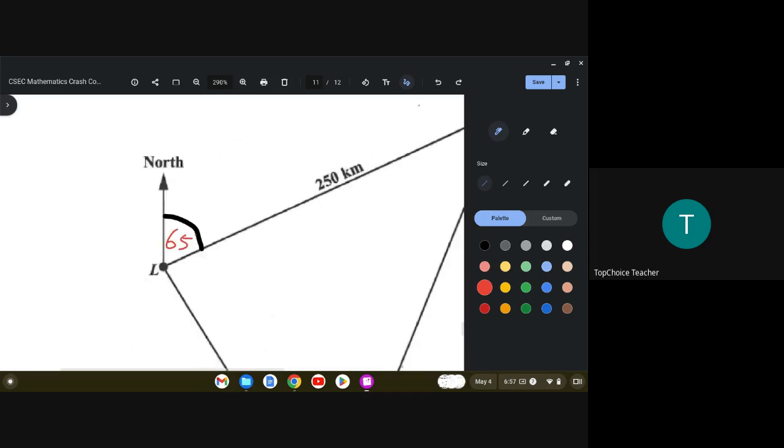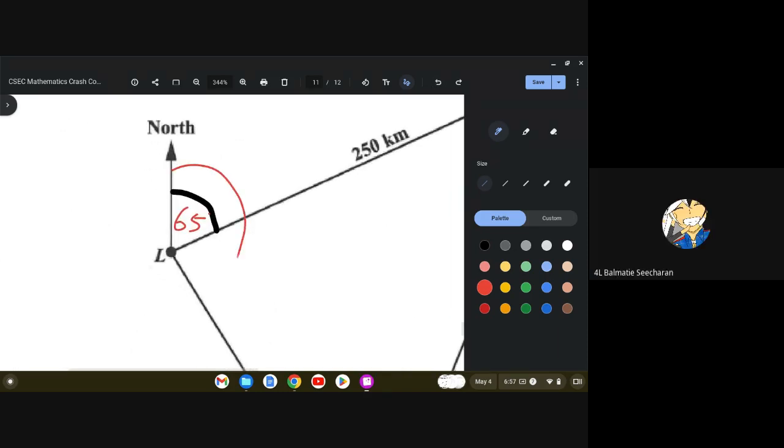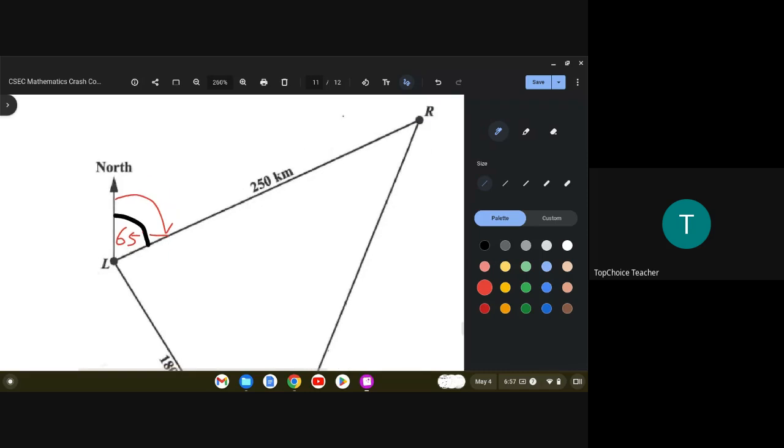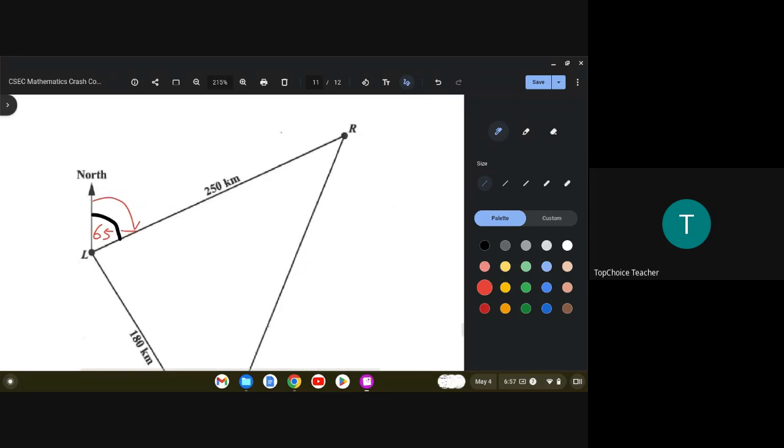Clockwise direction. That is why it always starts from the north line to here. So this is a clockwise direction. It is 65 degrees. Bearings are always measured clockwise from north. In case you didn't know that, you know it now. So that's the first thing about bearings with that particular point.